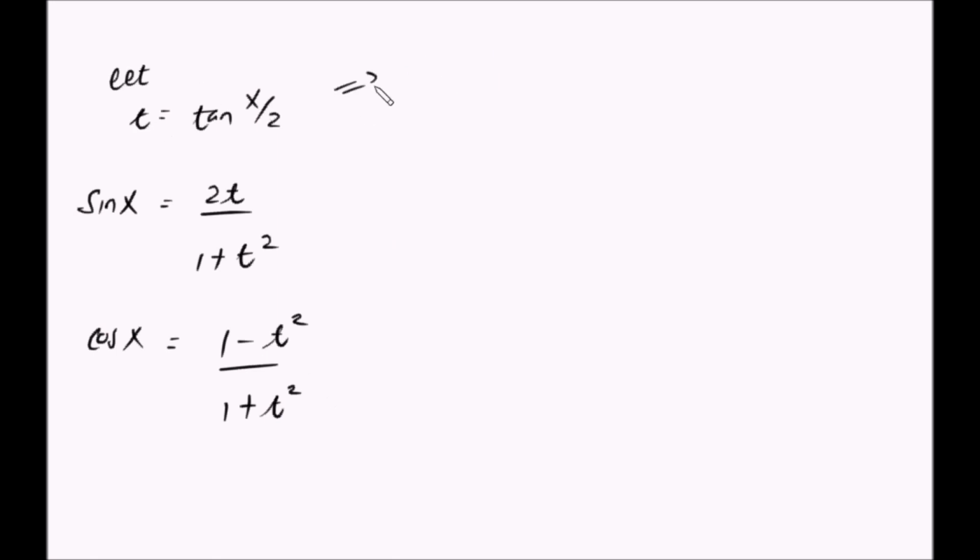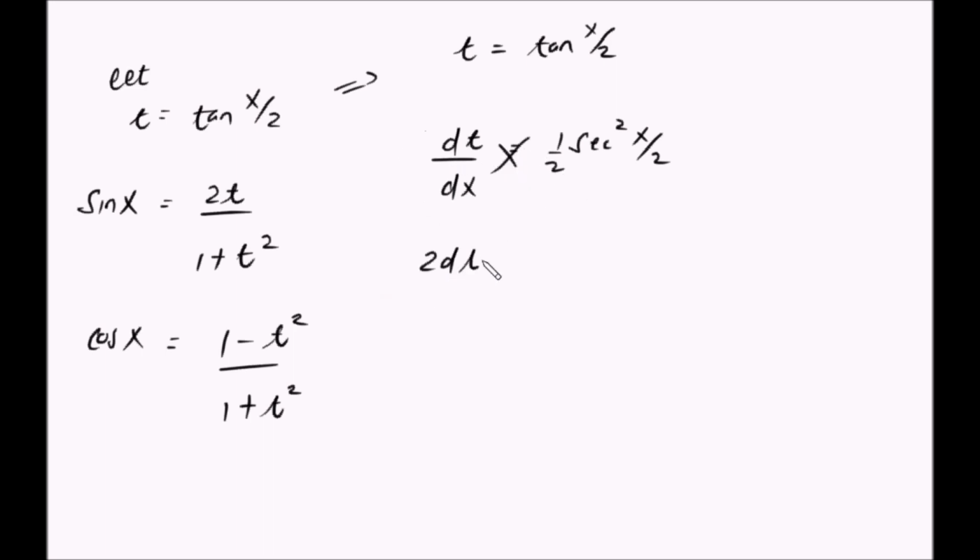So from t equals tan x over 2, if I differentiate with respect to x, I'm only going to get 1 over 2 sec squared x over 2. Cross multiplying, we get 2 dt equals sec squared x over 2 dx.